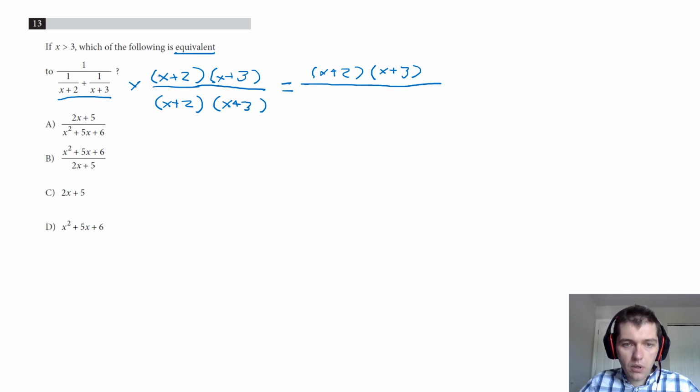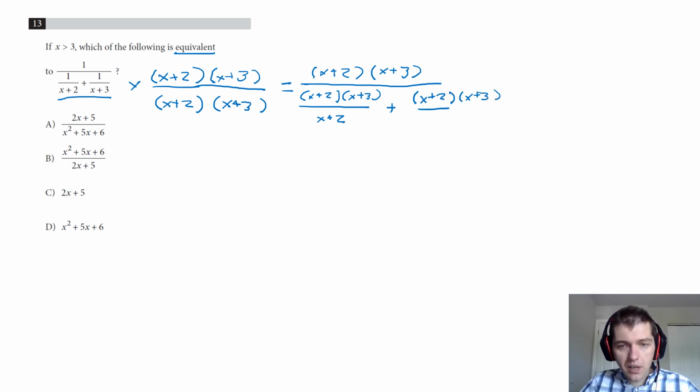So we can go ahead with x plus 2, x plus 3 over x plus 2 plus, and now here's that second one, we have x plus 2 times x plus 3 divided by x plus 3.